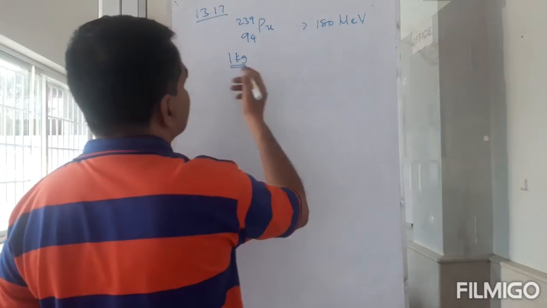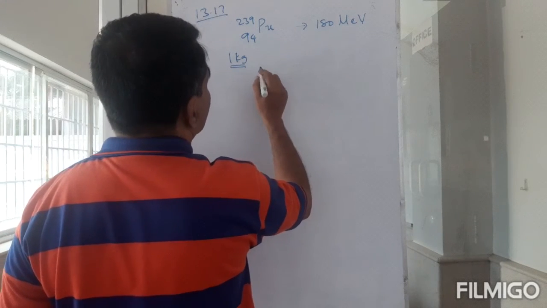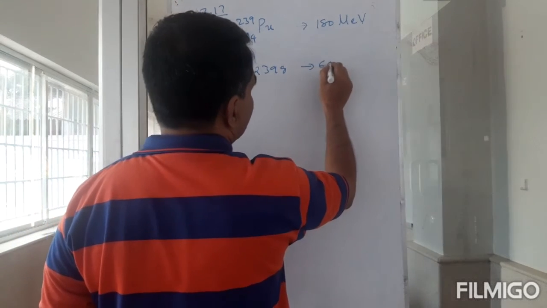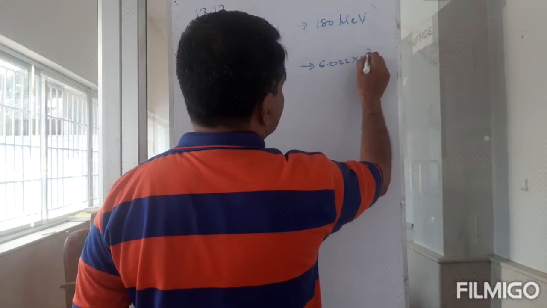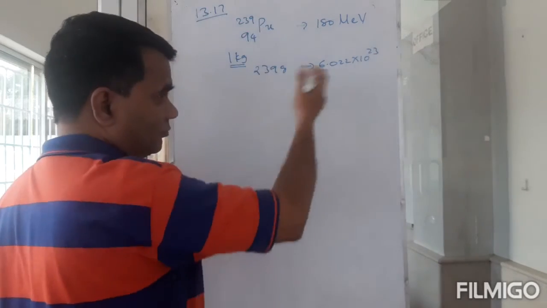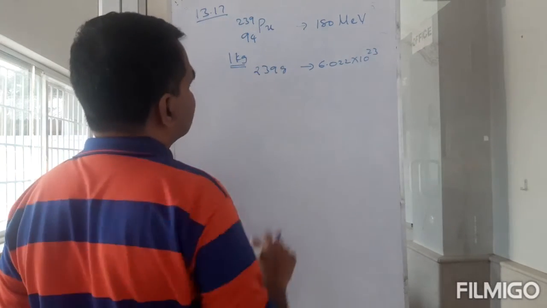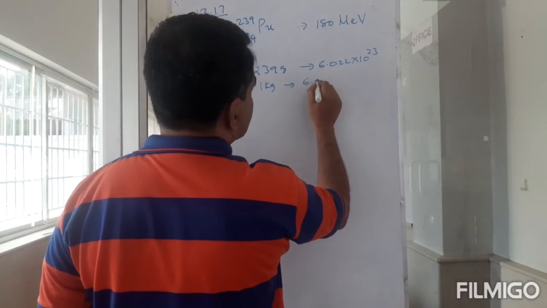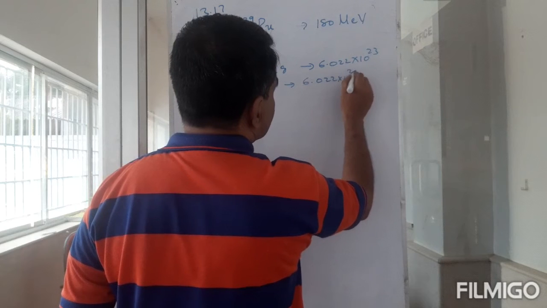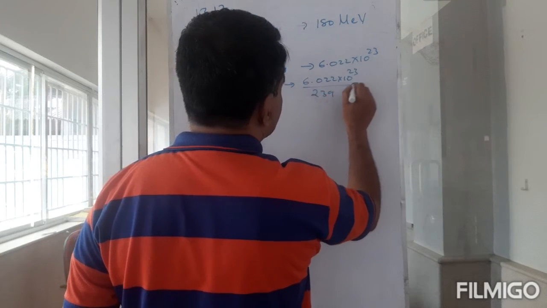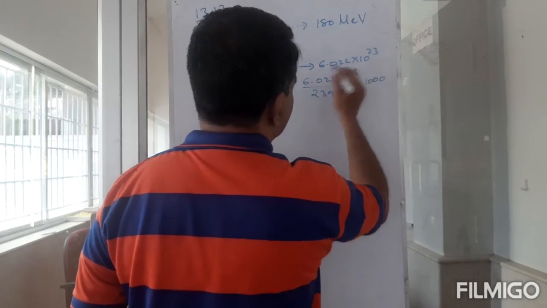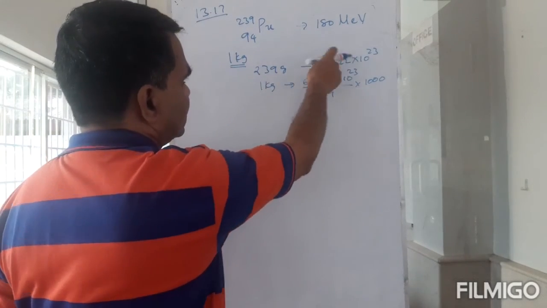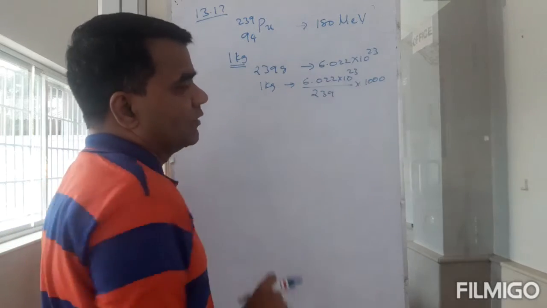It's going to be Avogadro number. 239 grams will contain 6.022 times 10 to the power 23 atoms. Now for 1 kg, that's equal to 6.022 times 10 to the power 23 divided by 239, times 1000. That is more than 4 times the Avogadro number.